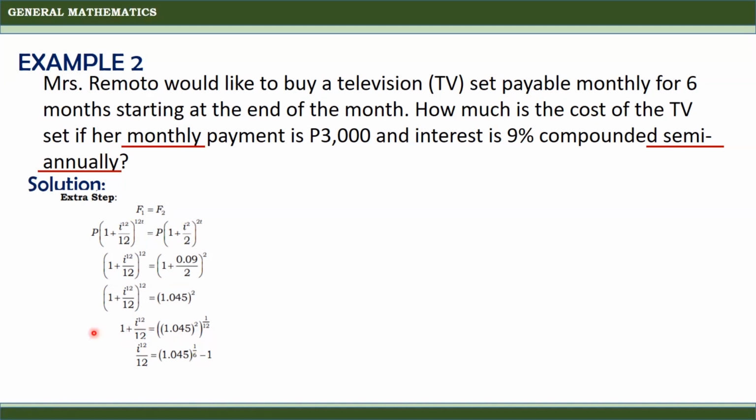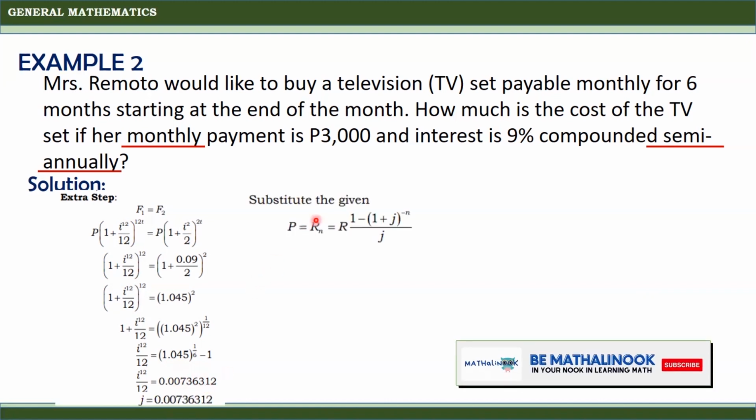And subtracting 1 on both sides of the equation, we will have here minus 1. Simplifying the right side of this equation, it will give us the value 0.00736312. Now this value will be used as our j in the formula.